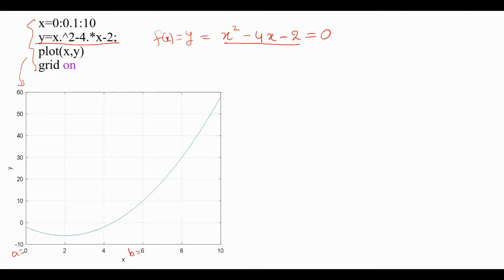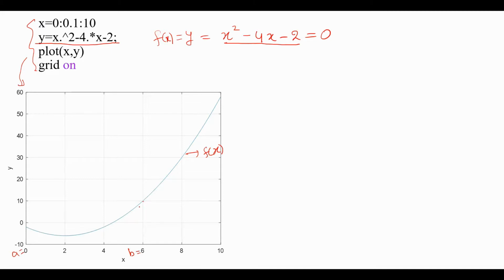between a is equal to 0 and b is equal to 6, you can see the function f of x, that is y, is continuous. Obviously it is also continuous till 10, but just to shorten the length a bit I have taken b as this. So b is equal to 6.